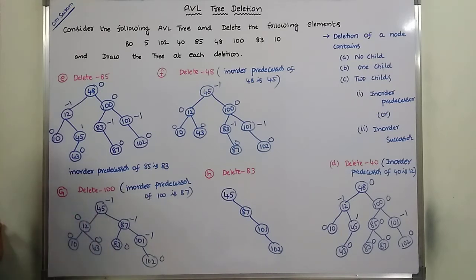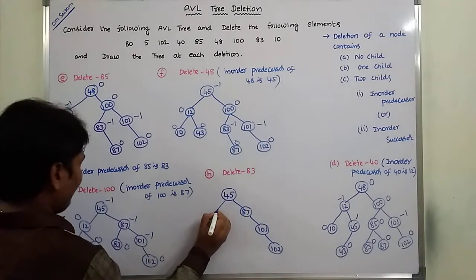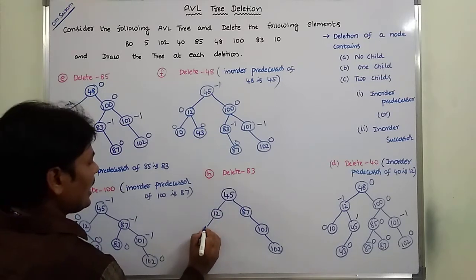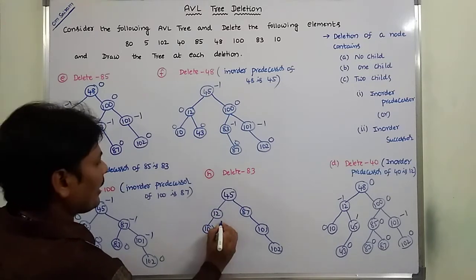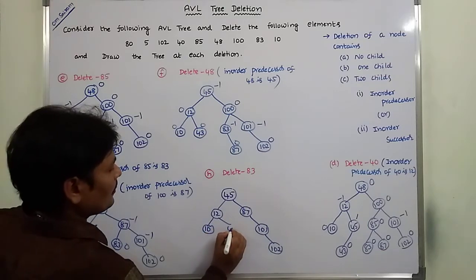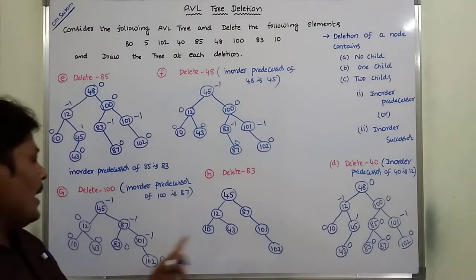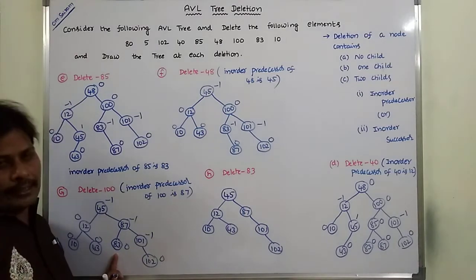Now this element is removed; simply we have to delete that node. There are no other changes. Next, 45's left child is 12, 12's left child is 10 and 12's right child is 43. So this is the tree we are getting after deleting 83.